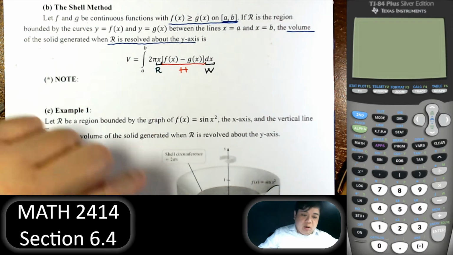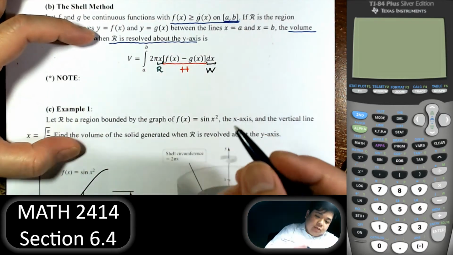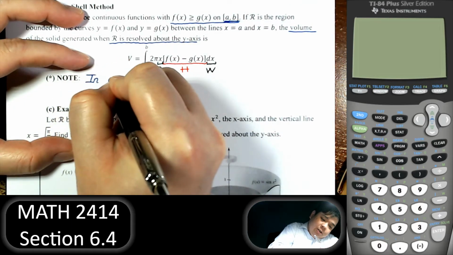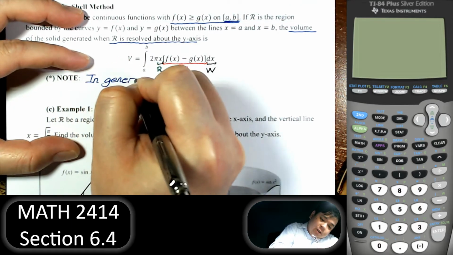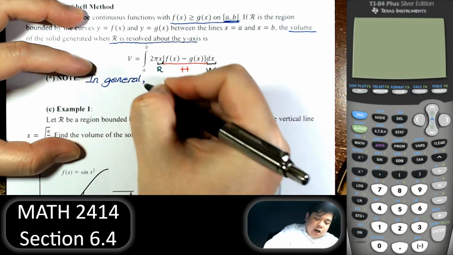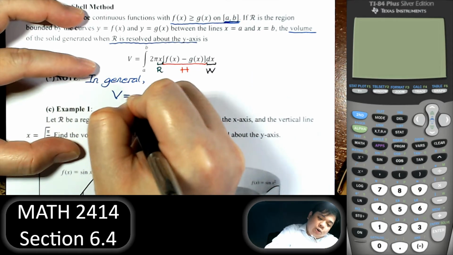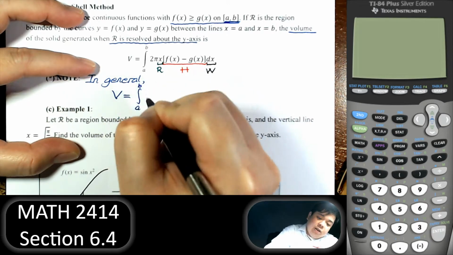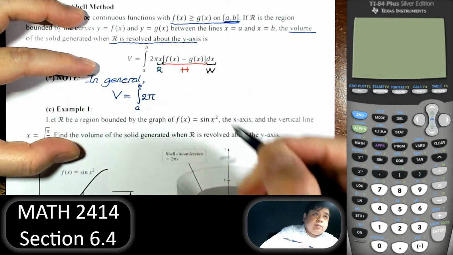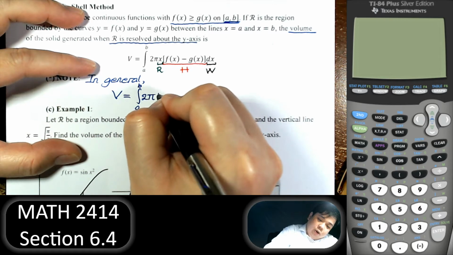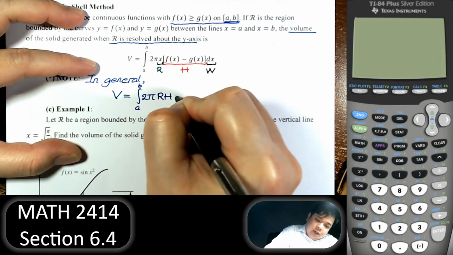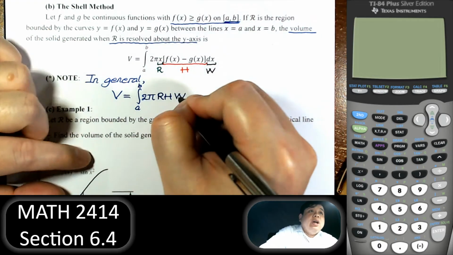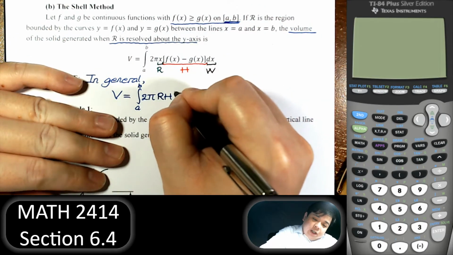Right, so that's what we write in the notes here. So in general, the volume by shells is equal to the integral from a to b, we know that, and then 2 pi. There will be three components, r, h, and then w. The w here can be either dx or dy.